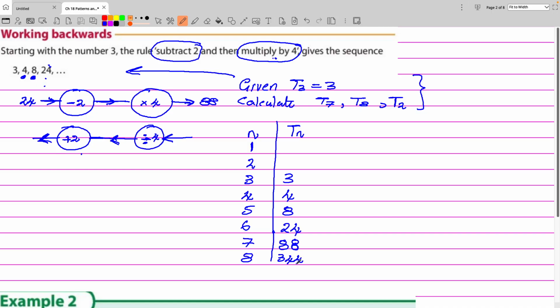So I've got 88. So type in, press all clear, where's my all cancel button? There it is. So type in 88 minus 2, press execute, multiply by 4, press execute, and the answer is 344.